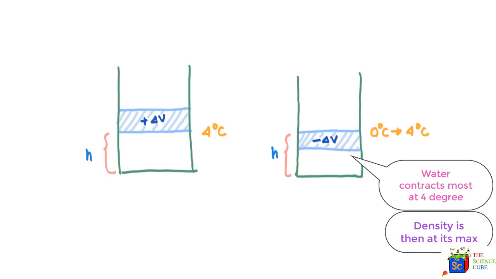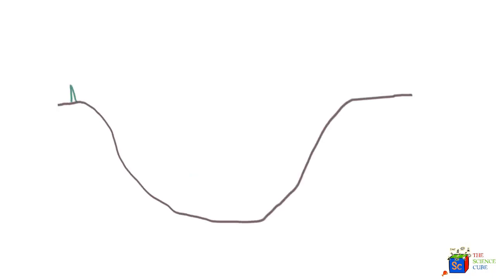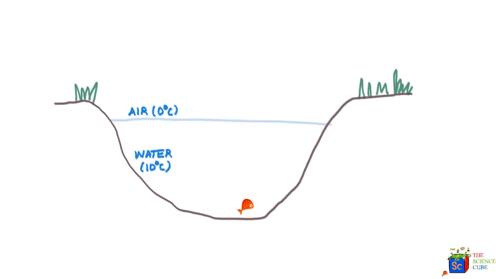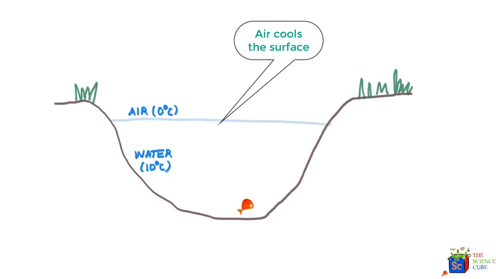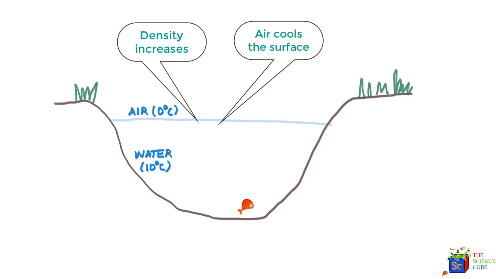So let's try to understand this a little better. Well, if the air above the lake is at 0 degrees centigrade and the water is, let us say, at 10 degrees, the air keeps cooling the surface of water, and the temperature of the water on surface keeps coming down, thereby causing contraction, as should happen, and therefore its density also keeps increasing, because contraction results in molecules coming closer, which therefore implies higher density.